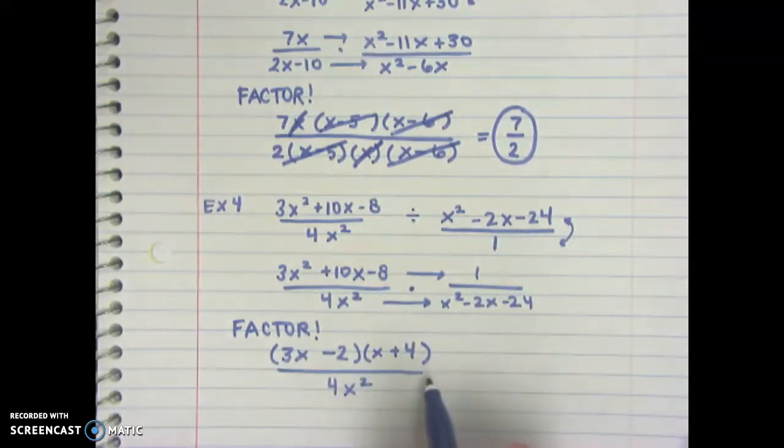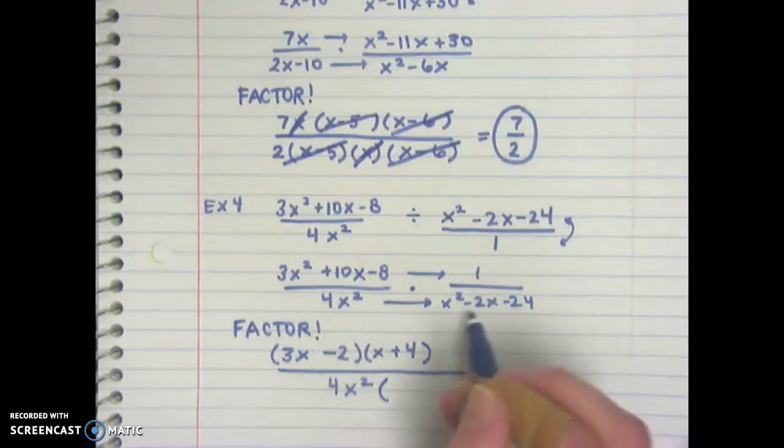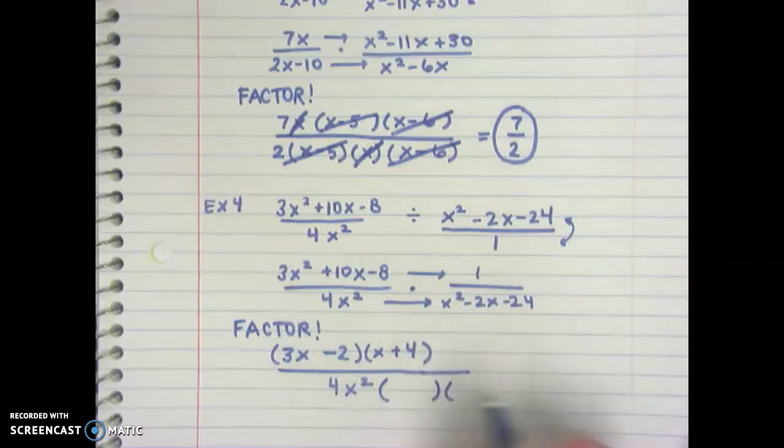And then in the denominator, 4x squared can't be factored any further, but x squared minus 2x minus 24 can. So two numbers that multiply to negative 24 and add up to negative 2 would be x minus 6 and x plus 4.